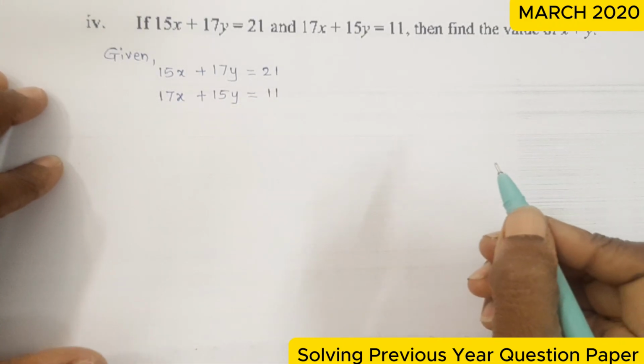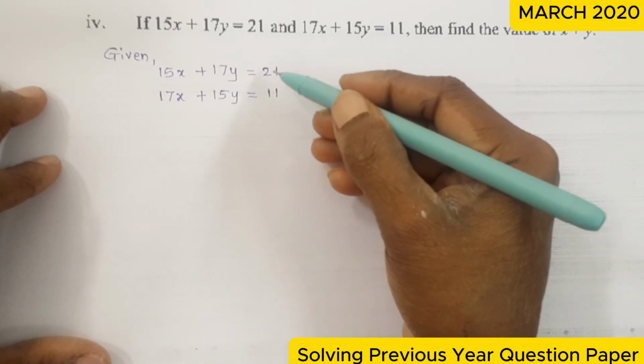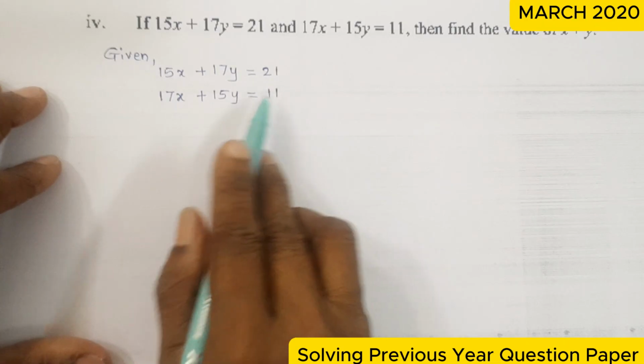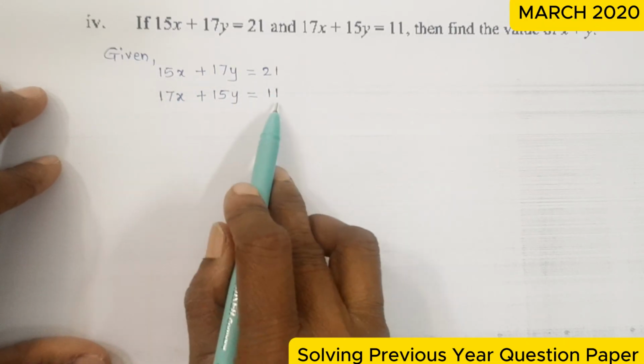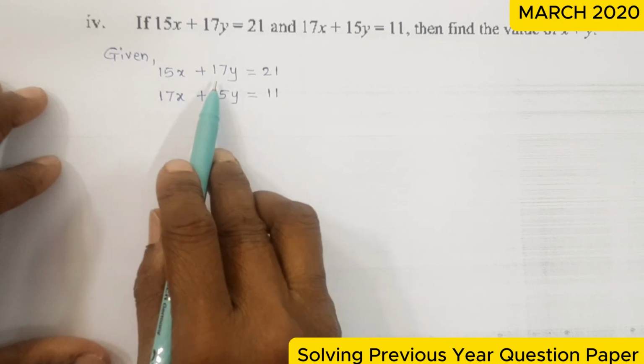Now here students, there is an idea that you have to put these equations in a vertical form. This is the first equation, this is the second equation, and you observe that here is 15, here is also 15, here is 17, here is 17.